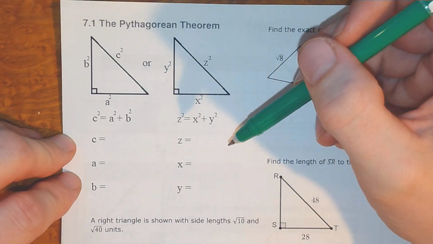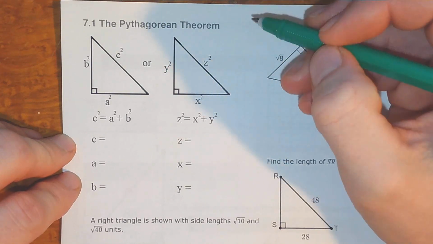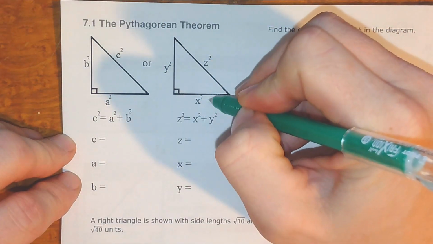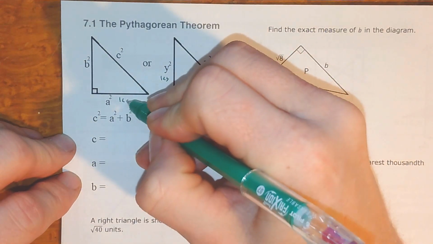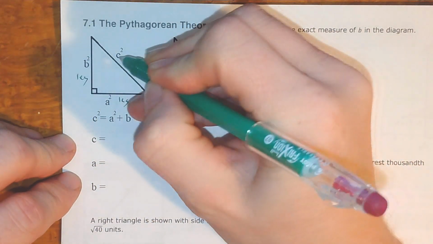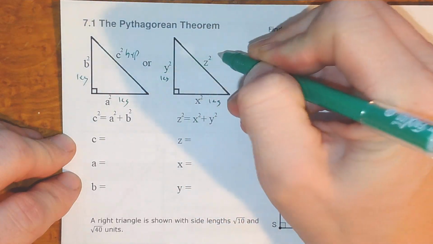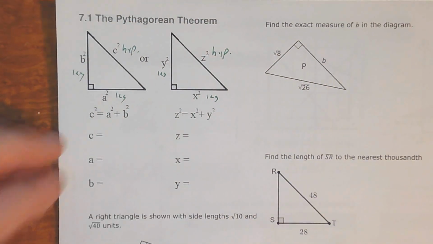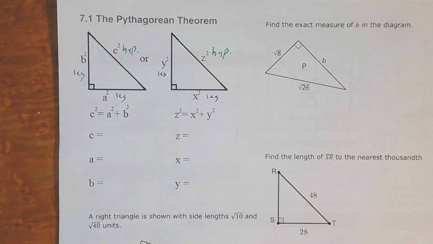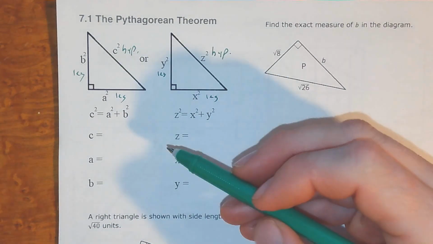Okay, so this is the leg, and then the hypotenuse for short. Okay, so either way here, you can solve these.